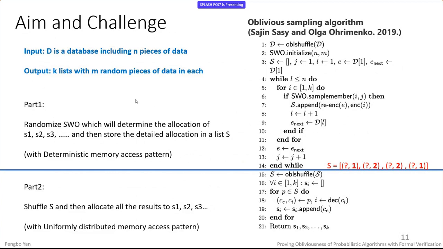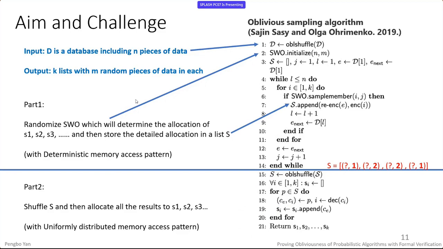Part 1 will randomize this S, which will determine the allocation of those output lists, and then store the detailed allocation in S with these for loops. So the first part just constructs this long list S.